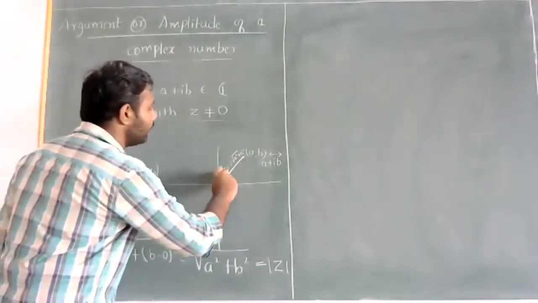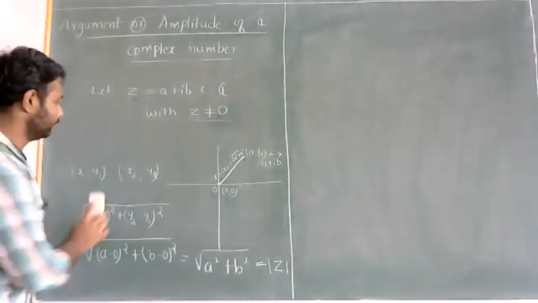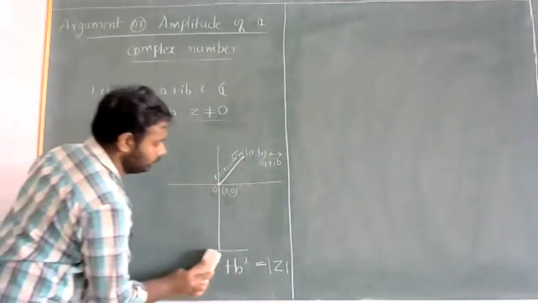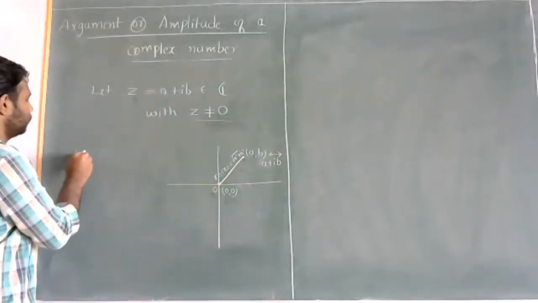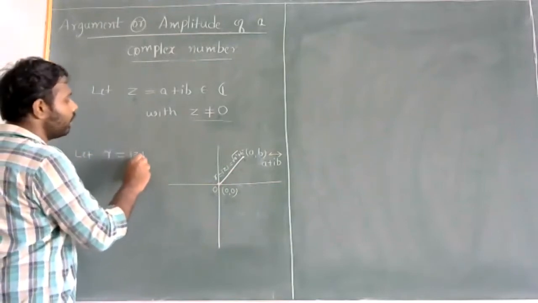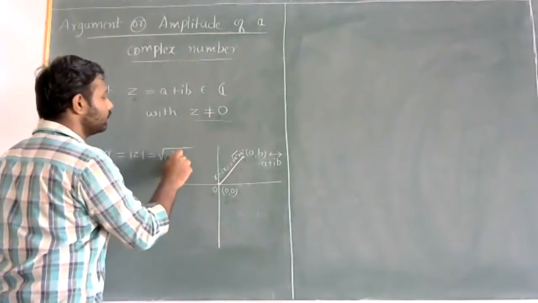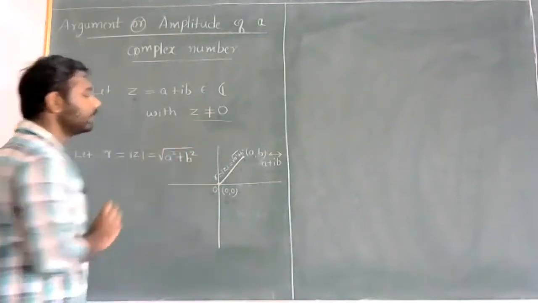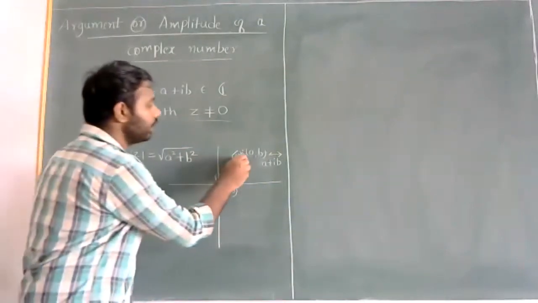Now I take that as the value r. Let r equal the modulus of z, that is, the square root of a square plus b square.